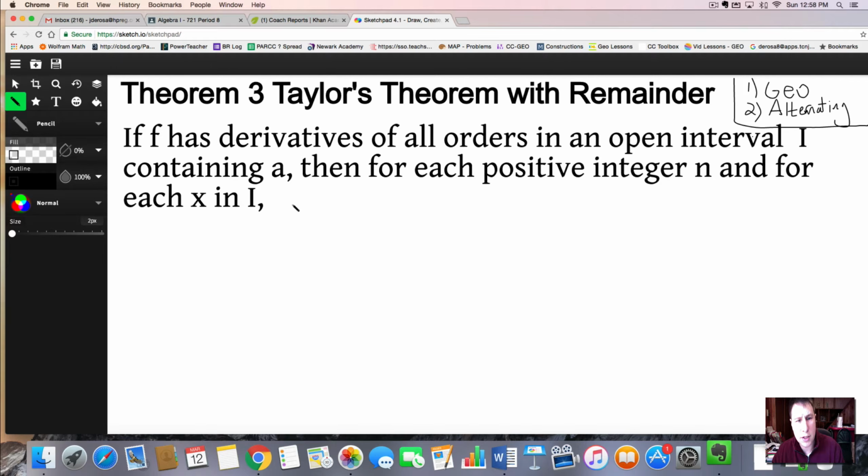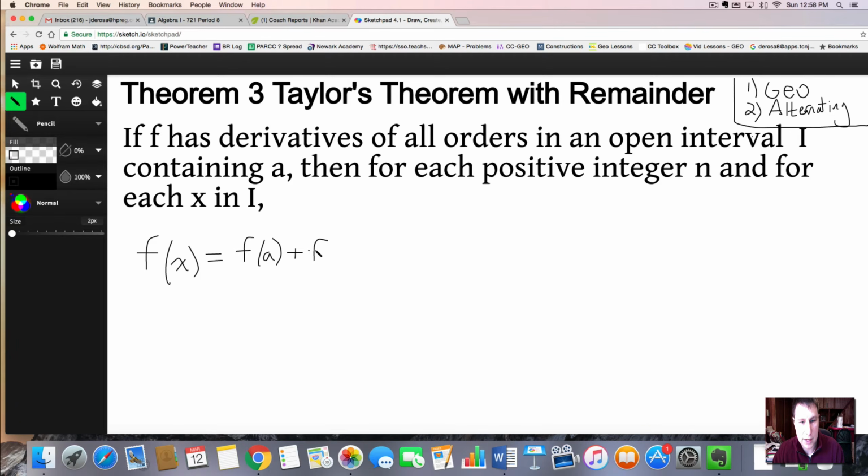If f has derivatives of all orders in an open interval I containing a, then for each positive integer n and for each x in I, we have the following. The first thing I'm going to write down is going to look just like Taylor's formula. Previously, if you can take all derivatives of f, then we know that f of x is equal to an infinite series centered at a, and then we use Taylor's formula.